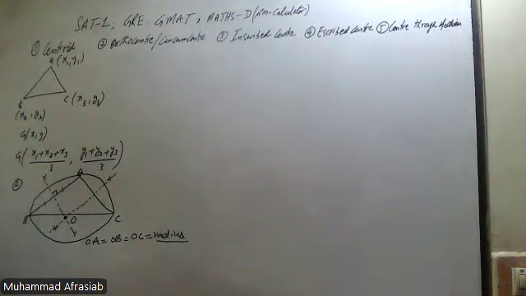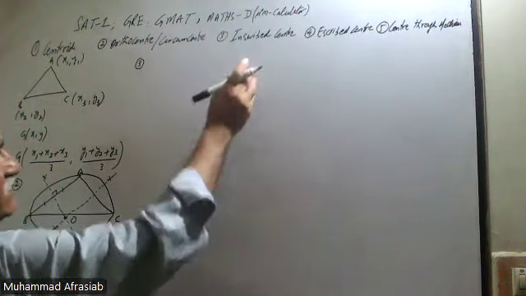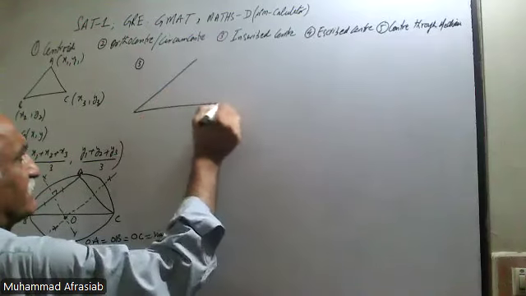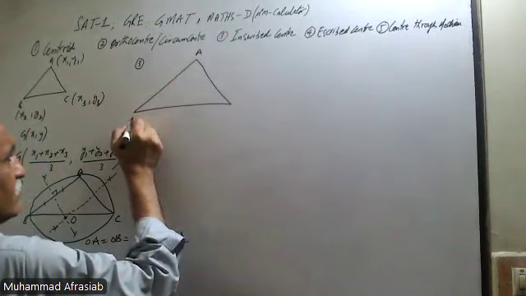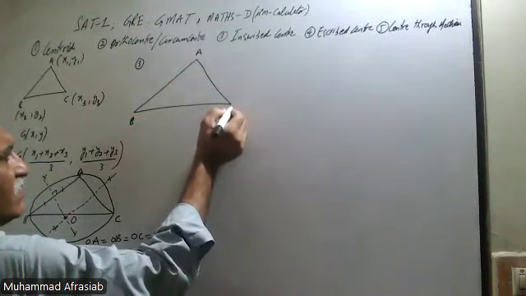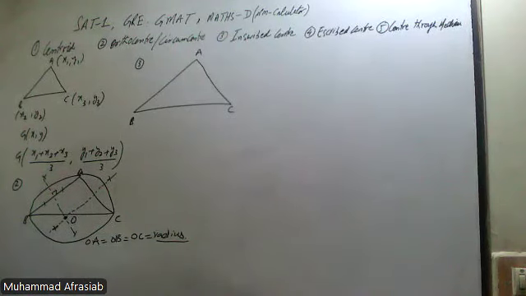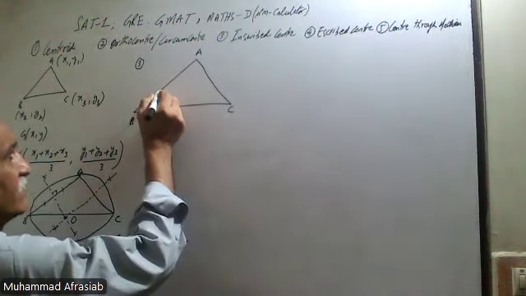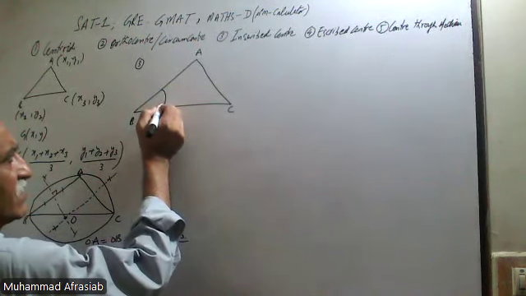The third figure we have drawn is the inscribed circle. So you draw a triangle ABC, and because you are finding the inscribed circle of this, you are going to bisect the angles of A, B, and C. So if B angle is there, you open the compass and draw the arc like this.